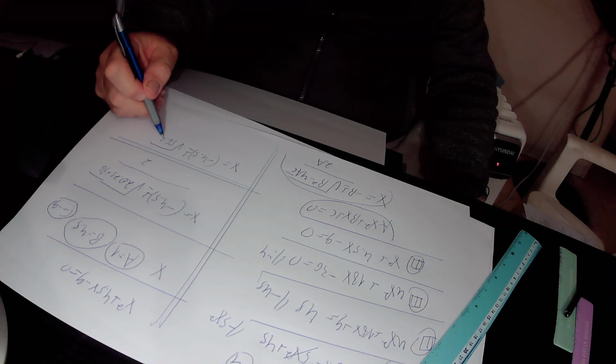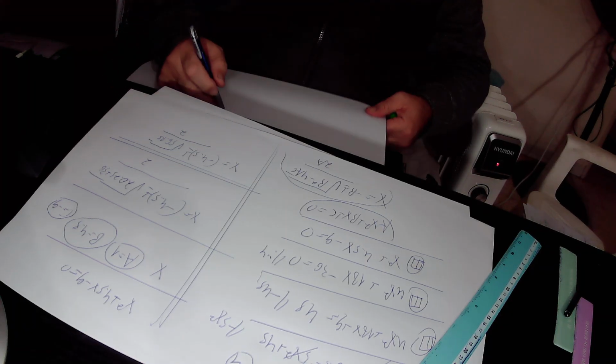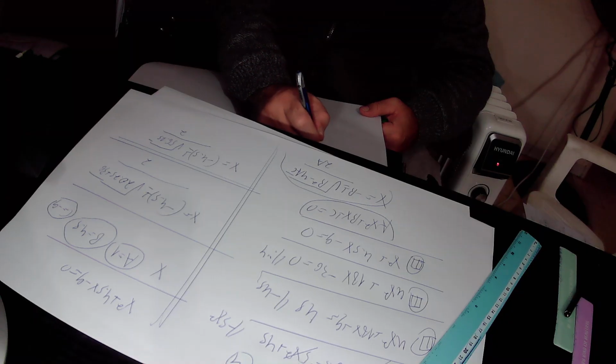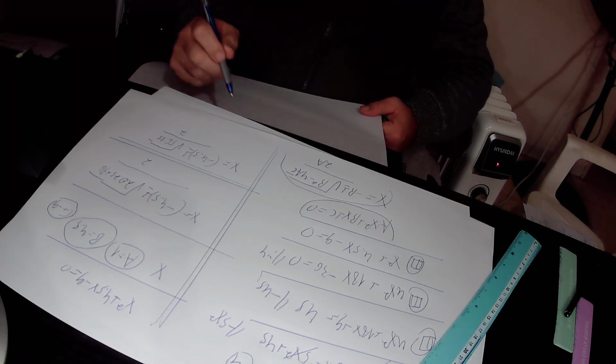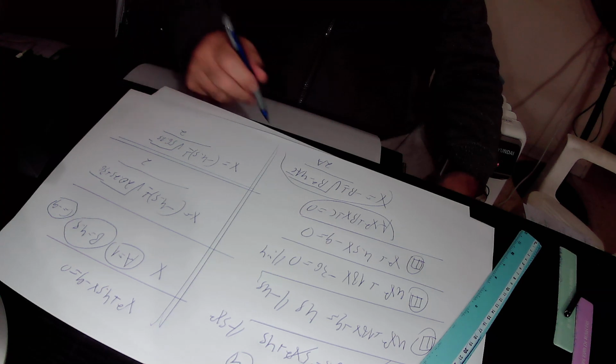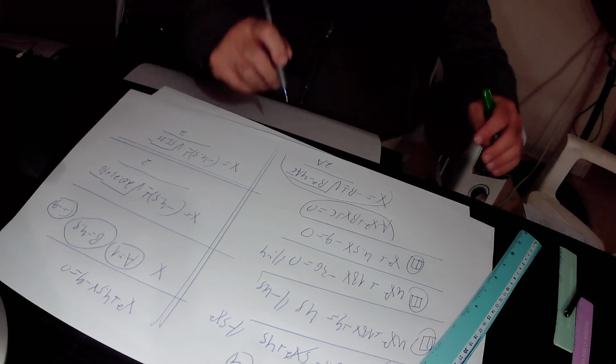Divided by 2. So x equals minus 4.5 plus minus the square root of 56.25, which is 7.5, divided by 2.